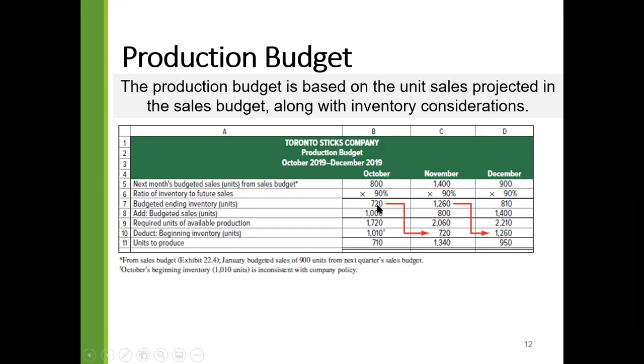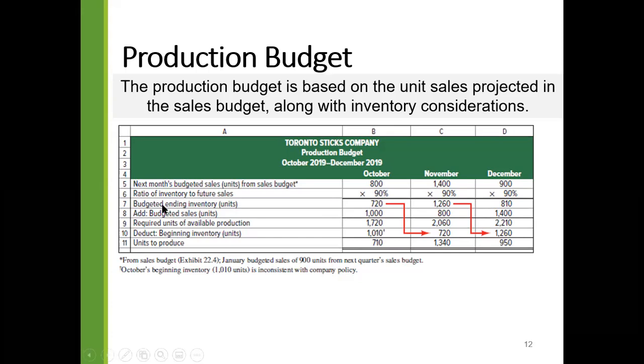Okay, so budgeted ending inventory, 720, plus we believe we're going to sell 1,000 units that month. So required units, 1,720. And then we can subtract what we began with to get the number of units that we need to produce.